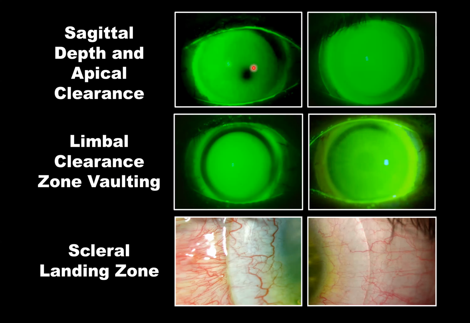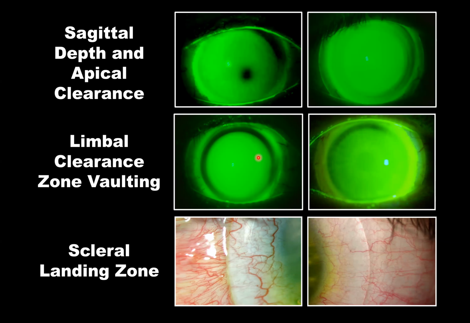Do I need to go up in sagittal depth by 200 microns, by 400 microns? How much will clear the central corneal tissue? We want a lens to go on eye that appears like it's vaulting all of the central and peripheral corneal tissue.